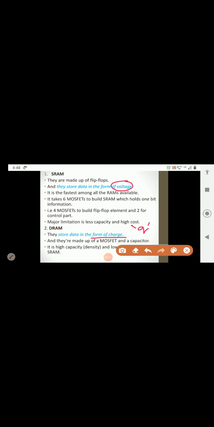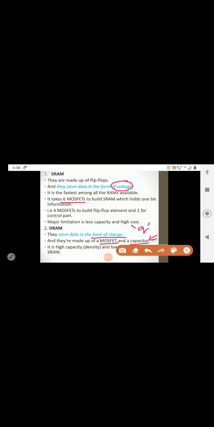And they are made up of a MOSFET and a capacitor. So this is important here, the capacitor part. SRAMs are made up of only MOSFETs, but here along with the MOSFETs, they have a capacitor also, an electronic element.